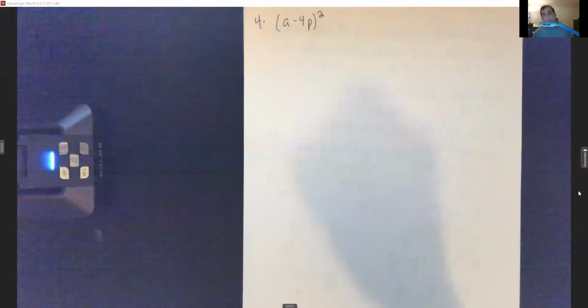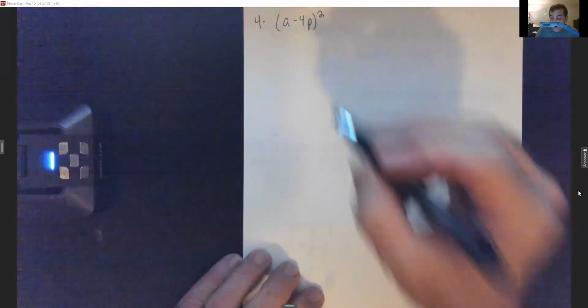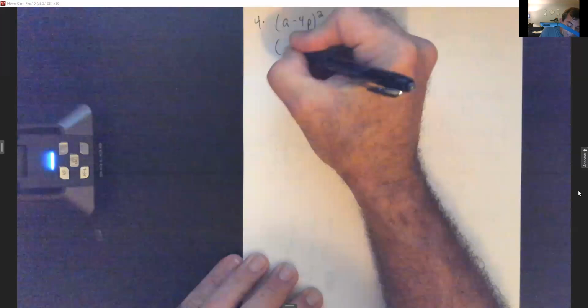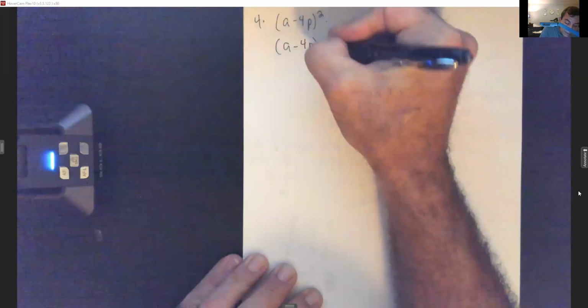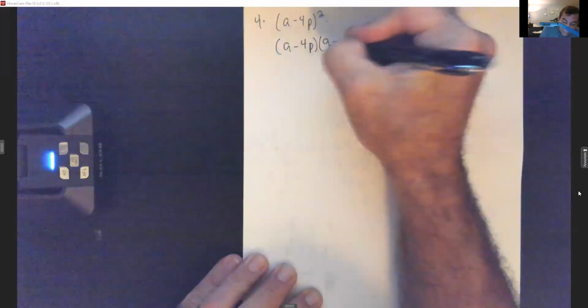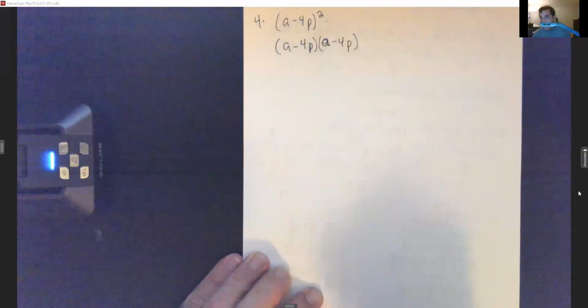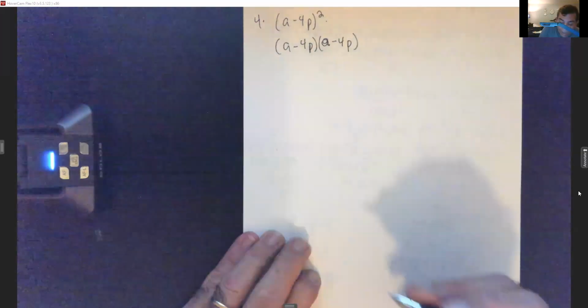All right, so let me pull back up. All right, so there's number 4, which is (a minus 4p) squared. So we're just wanting you to get used to, when you see parentheses like this with an exponent, you write that however many times that exponent says. So I got a minus 4p. I would write that twice, okay? And then FOIL.